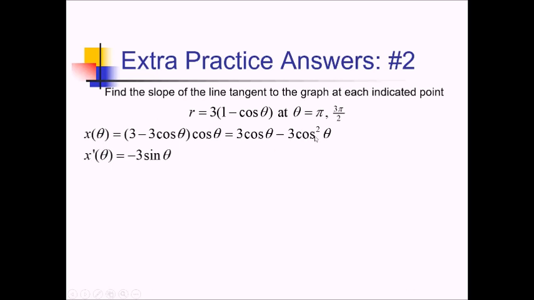And for this next one, I'm going to need the chain rule. The outer function is squaring. The inner function is cosine. So I've got -6 cosine of theta times the derivative of cosine, which is negative sine, so actually this becomes a +6 cosine of theta sine of theta. And I'm going to simplify this second one using the identity that 2 sine cosine is the same as sine of 2 theta. So this is actually going to be 3 sine of 2 theta.